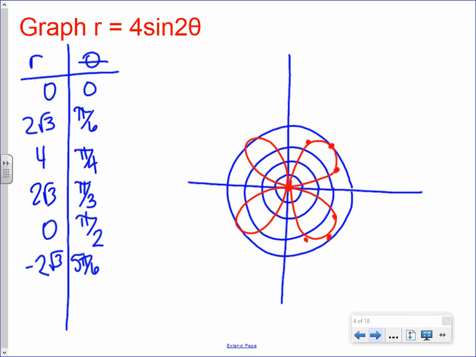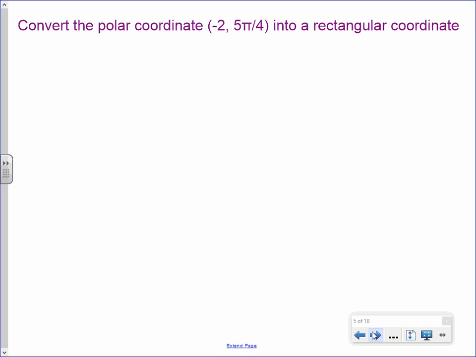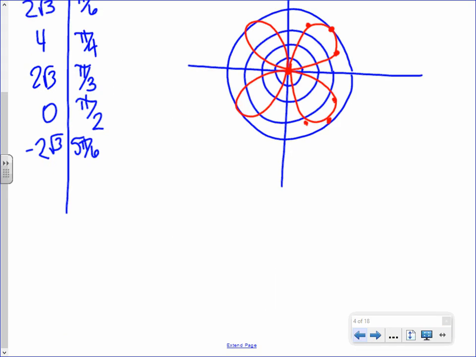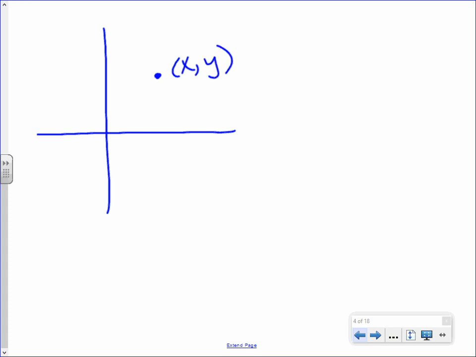Okay, so let's think about this. Here I have a coordinate (x, y).